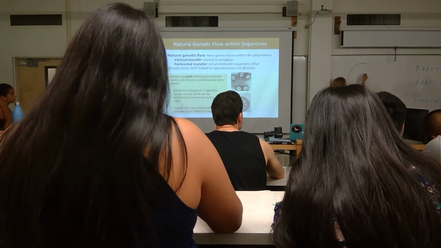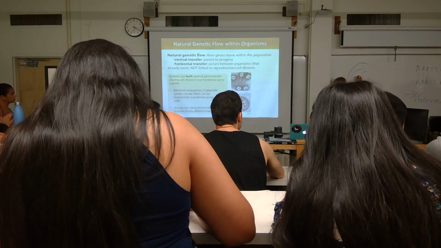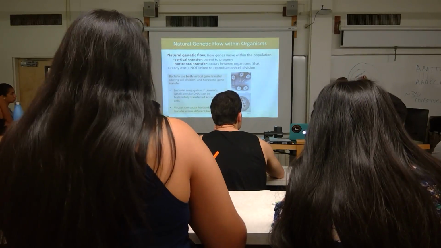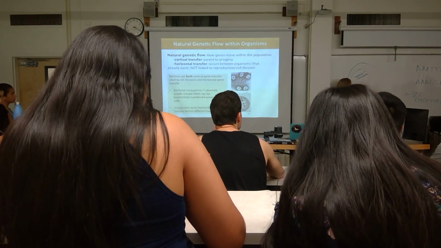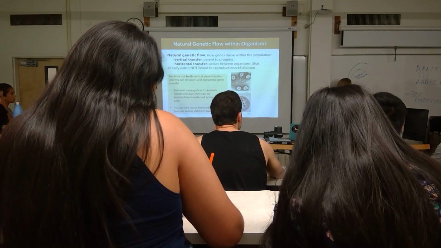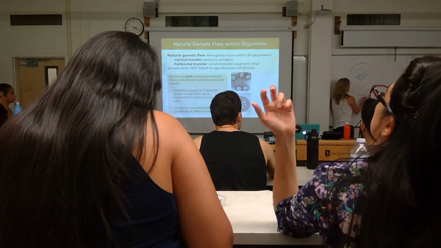So say this is my bacterial cell. Here's like the larger bacterial chromosome. Some bacteria also have what's called an F plasmid. So DNA, this is also DNA.